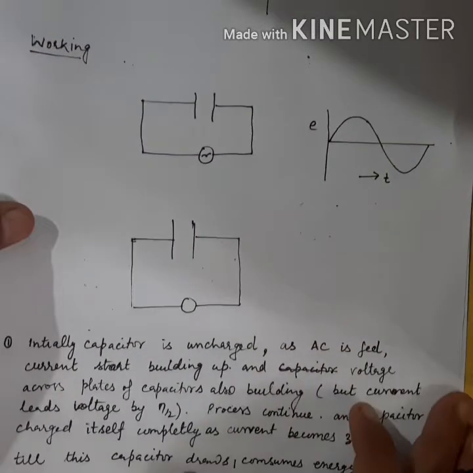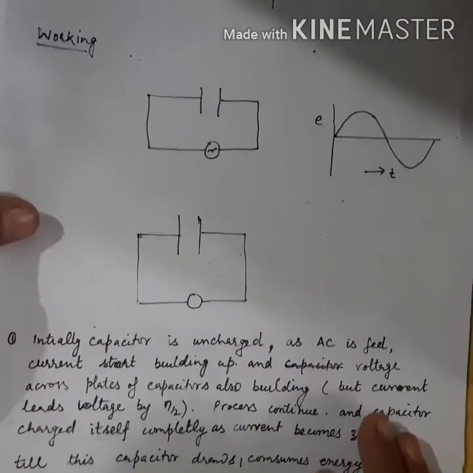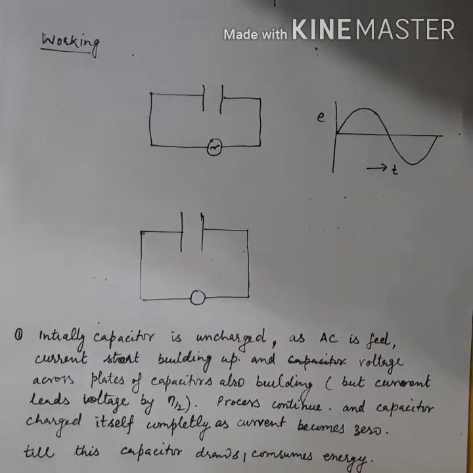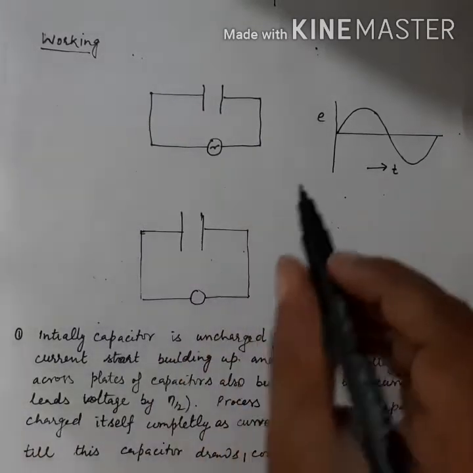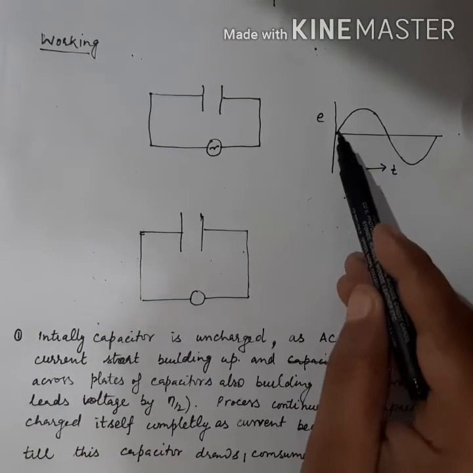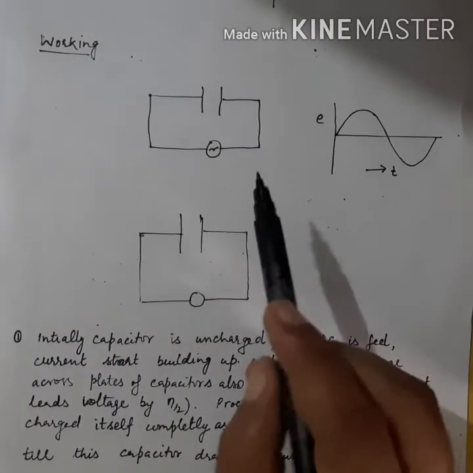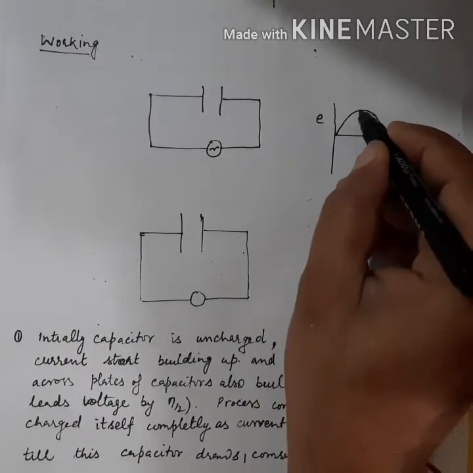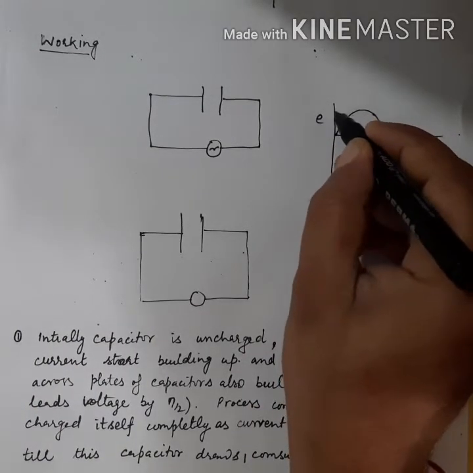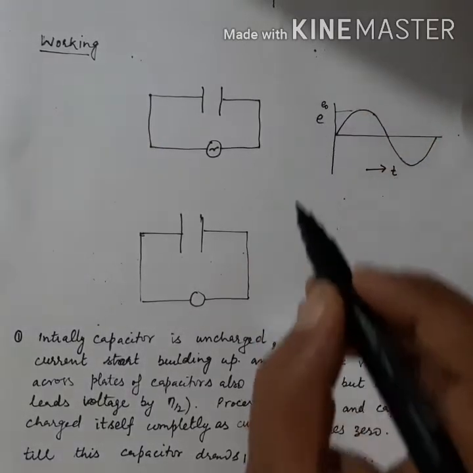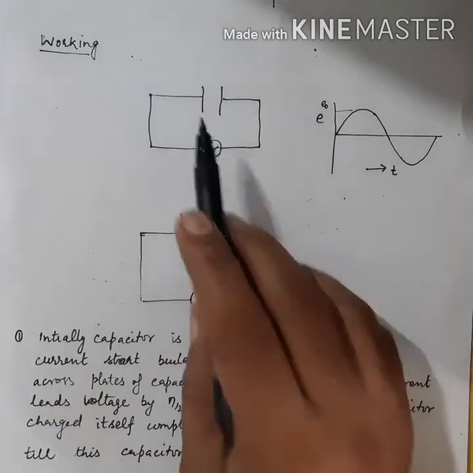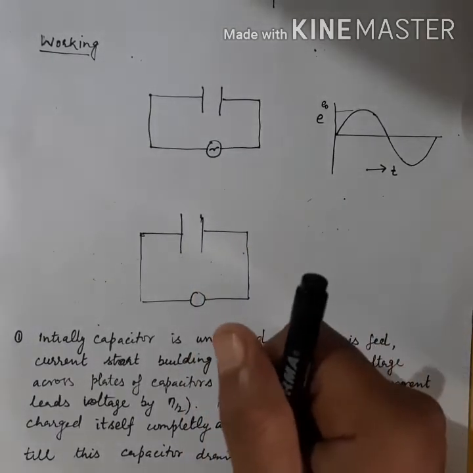Further, we want to know how a capacitor behaves in the case of AC. We know that the AC power supply is represented by this sinusoidal graph E, and the peak value obtained is given by E naught. Now if this AC is fed to this capacitor, what will happen?